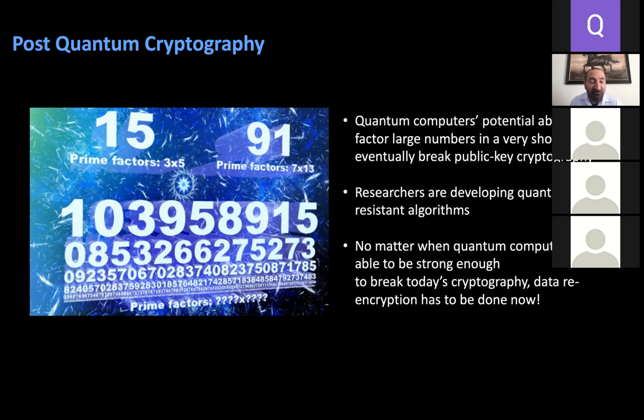In fact, many standards organizations, companies, and consortiums of companies are working on this, because think about this: there are already attackers taking snapshots of private communications between different parties. They're taking those snapshots today.